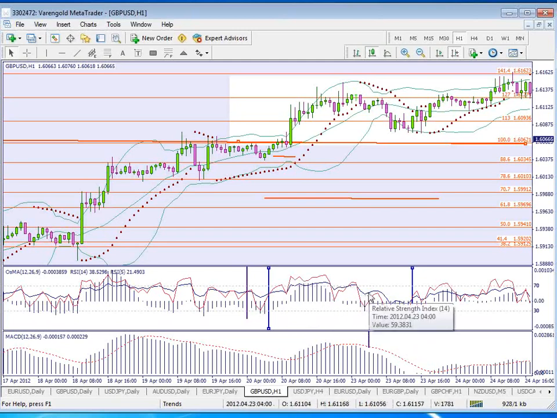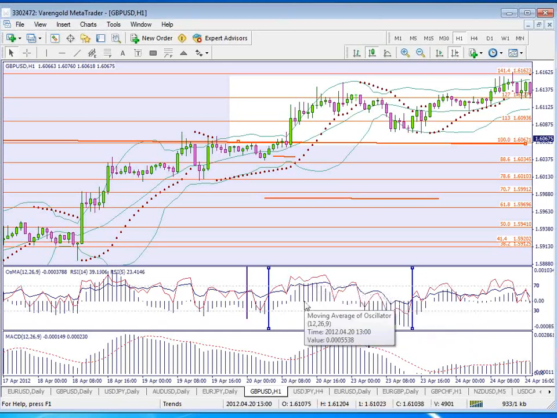The RSI 14 is an indicator that is for 14 periods of time, and the RSI 5 is for 5 periods of time. So RSI 5 will be faster and will indicate to me earlier that the pair is oversold and will change the direction.